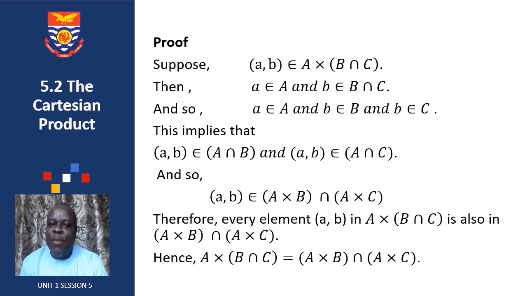We therefore conclude that A cross (B intersection C) is the same as (A cross B) intersection (A cross C).